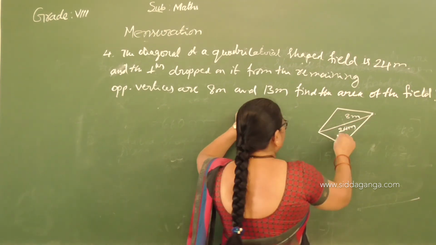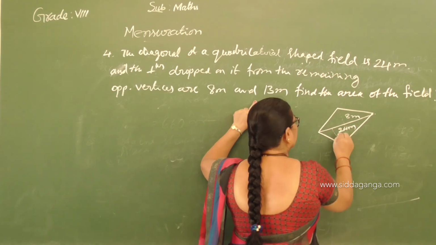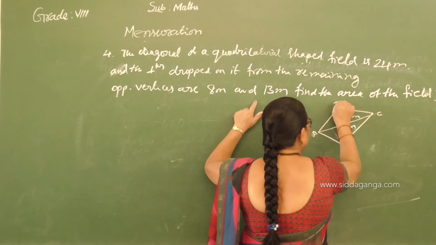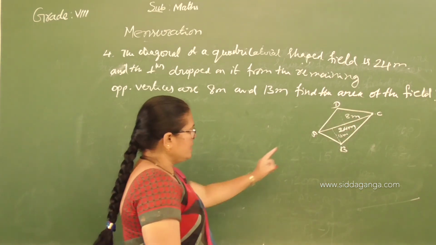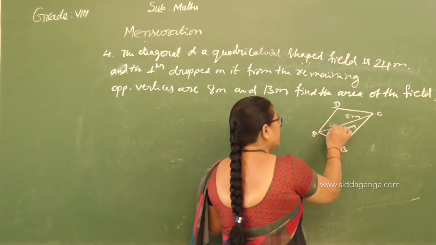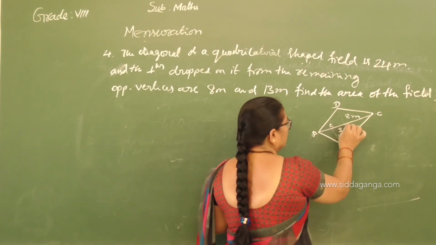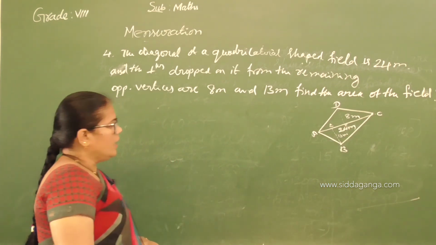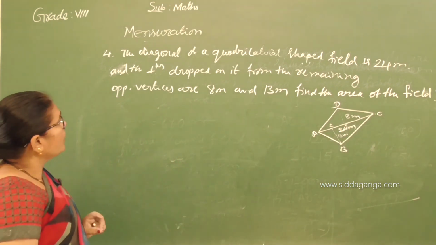Then another one is 13 meter. ABCD is a quadrilateral. AC is diagonal. DE is one perpendicular line. DF is another perpendicular line.